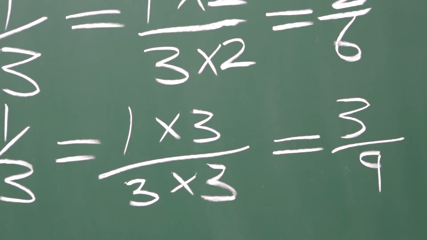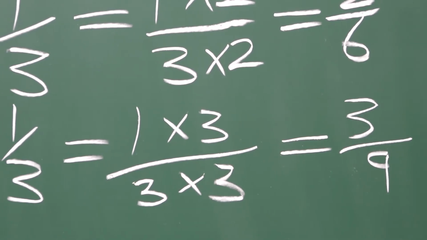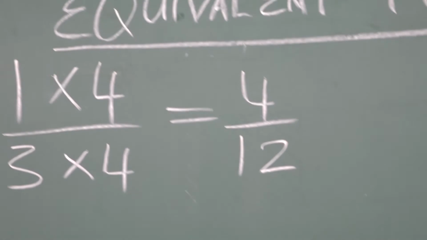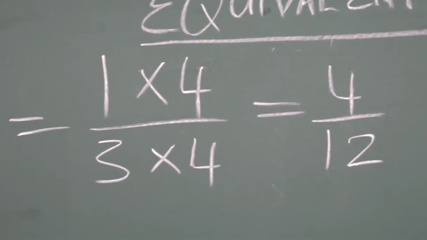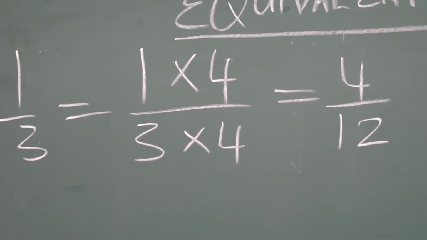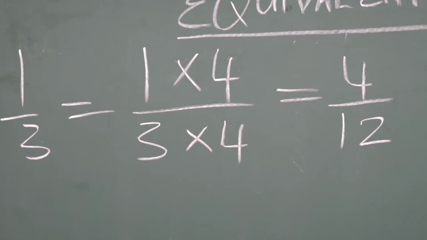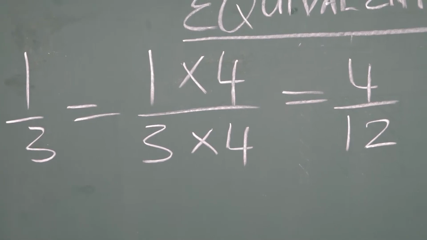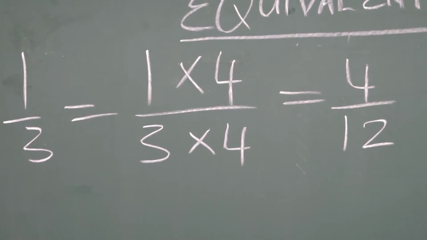Now the third fraction that is equivalent to 1 over 3 is multiplying that 1 over 3 by 4. Multiply 1, which is the numerator, by 4, and also multiply 3, which is the denominator, by 4. When you multiply 1 by 4, your result is 4.